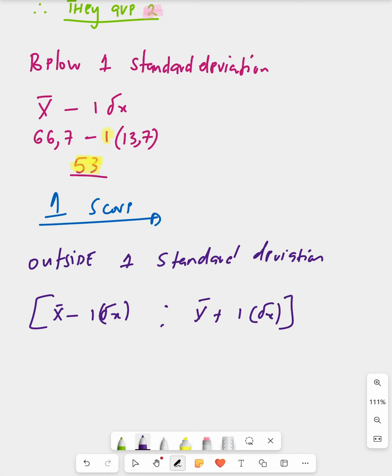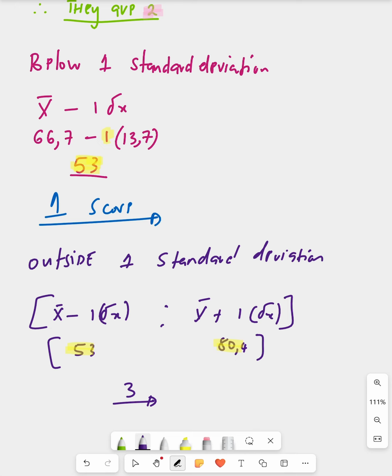From this, we will get 53, and from that one, we will get 80.4. So we are looking for all numbers that are smaller than the lower limit or bigger than the upper limit. How many are they in total? They will be 3, because this is the combination of the above and below.